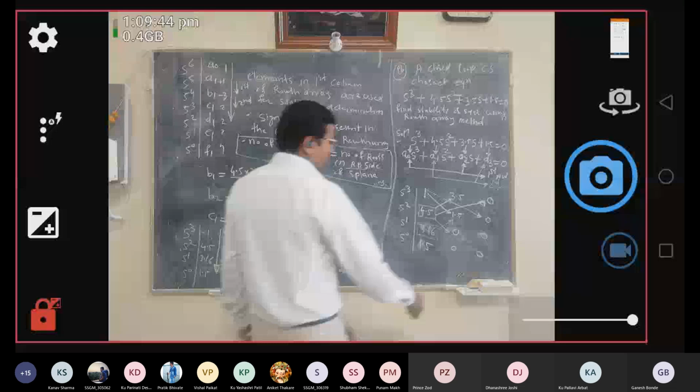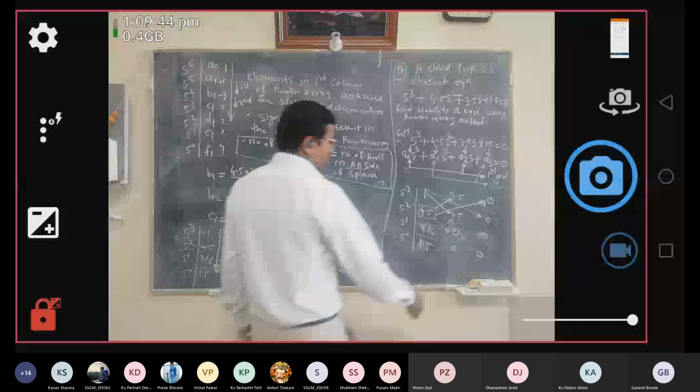Tell me this value. Three minus 4 by 1.5. It would be minus 0.66.